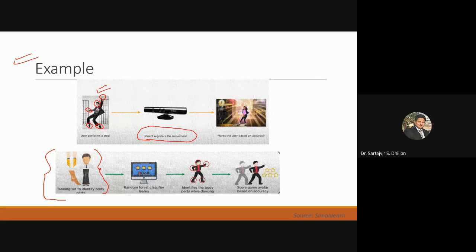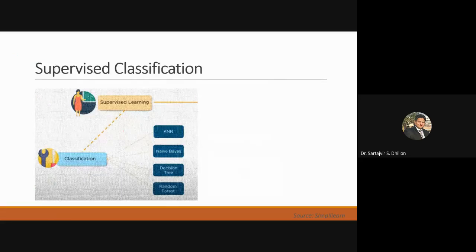These are some important features you have to give to the random forest classifier so that it can learn various steps. Once it identifies the various parts of the body, it will just replace your body with another one. So this is the kind of game it is.